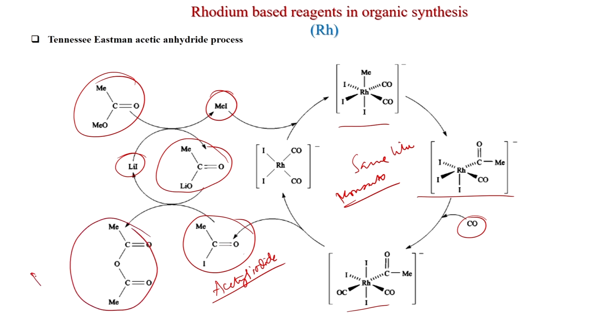So, this is the product and this is the starting material. Earlier in the Monsanto process this was getting hydrolyzed to acetic acid; here it is reacting with the anion of acetic acid to generate this. So, that lithium iodide is forming, and that lithium iodide is reacting with the methyl acetate to generate methyl iodide. So, this is the Tennessee Eastman acetic anhydride process.